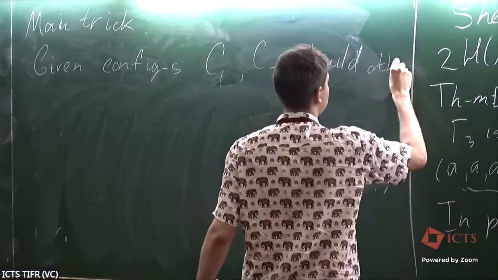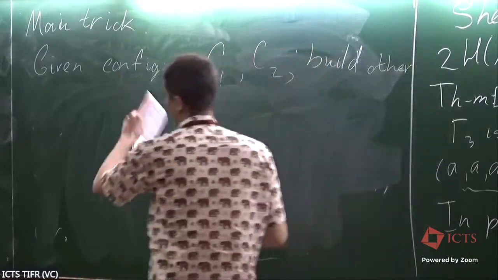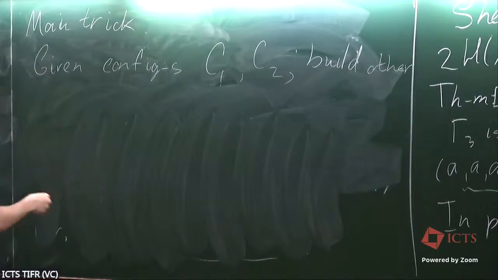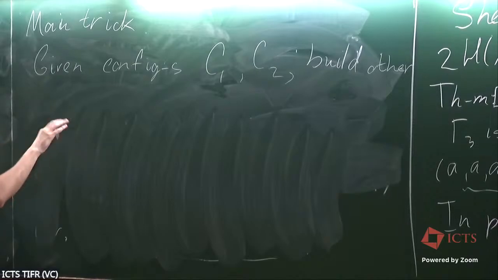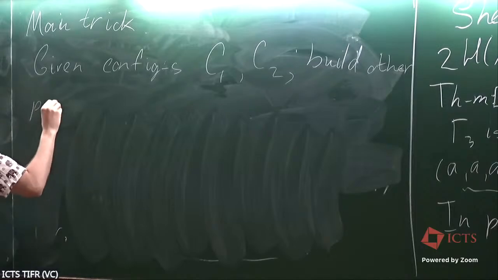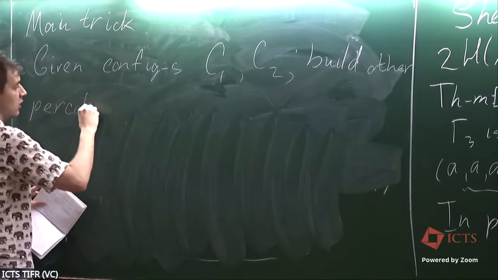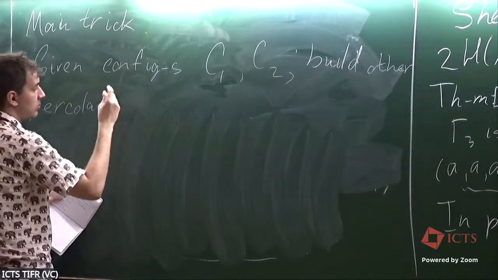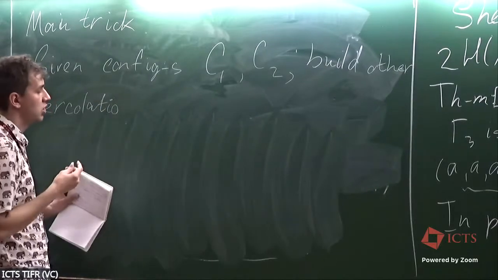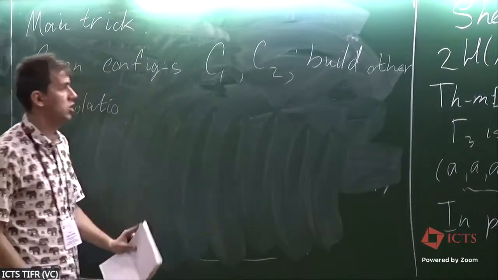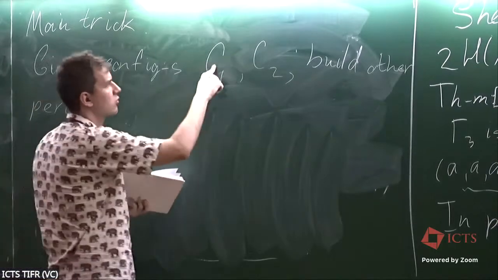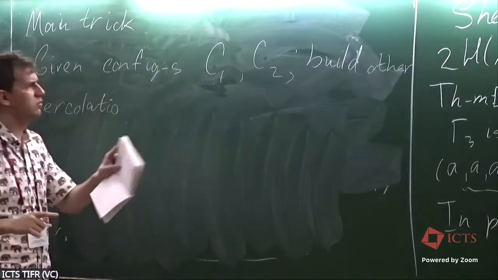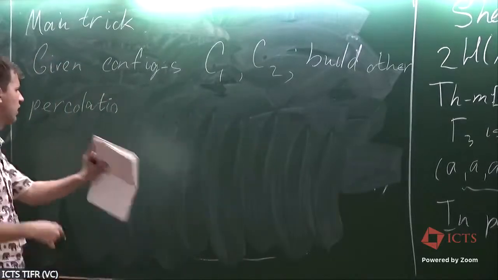So you can explore the cluster of some vertex in C1, say that you add it to your new configuration. You can explore then some part of C2 and decide to not add it to your configuration. And if you do it like this, the configurations which you will obtain will also be Bernoulli, and they will have some strange dependencies. So you start with 2 configurations, you build 3 other configurations, which will have some combinatorial things. Like if in this configuration A is connected to B, and in this configuration B is connected to C, then in this configuration A is connected to C, something like this.